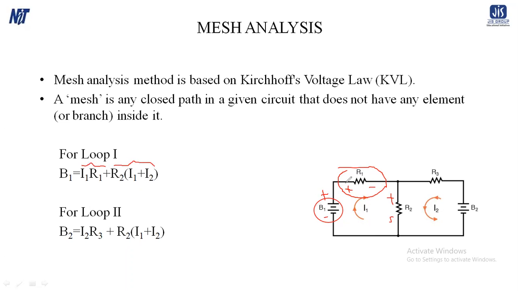Now in both cases the current is going from plus to minus, but here it is minus to plus. So it is actually minus V1 equals 0. The equation will be like this: I1 R1 plus R2 into I1 plus I2 minus V1 equals 0.